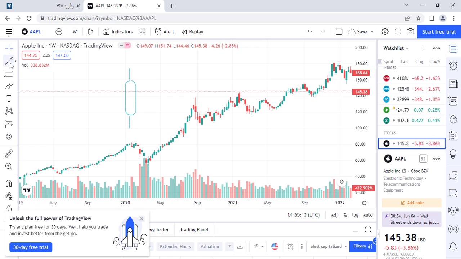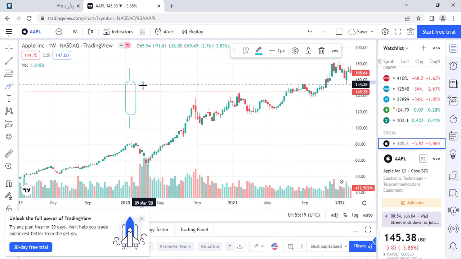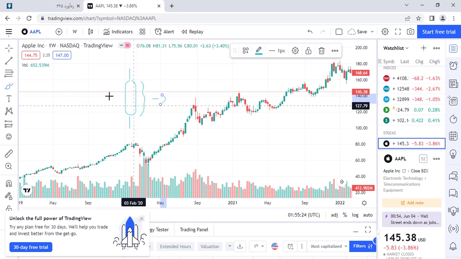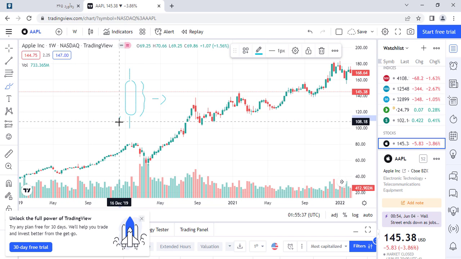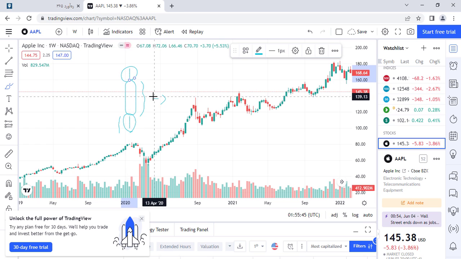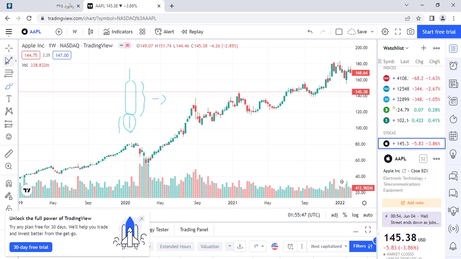We call this part of the candle the body of the candle. This is the body of the candle. And also these parts are shadows of the candle.